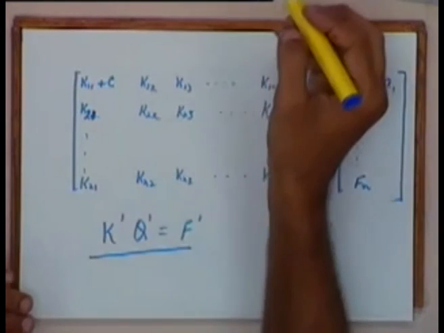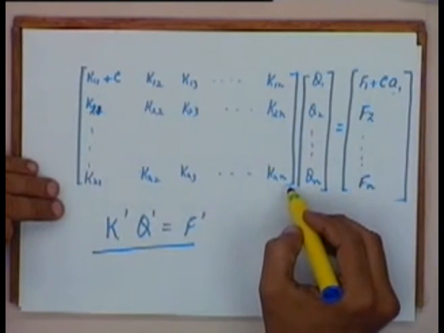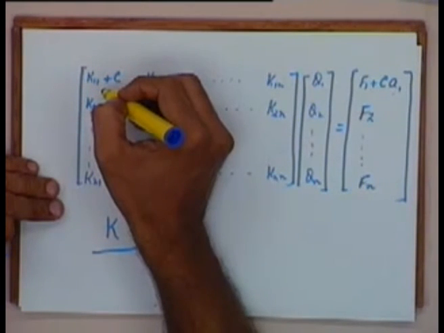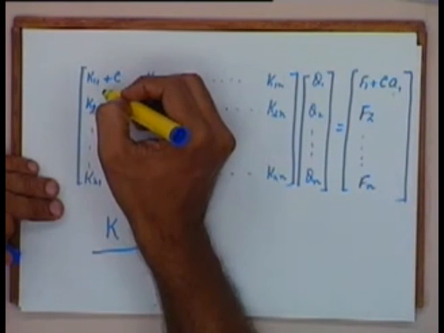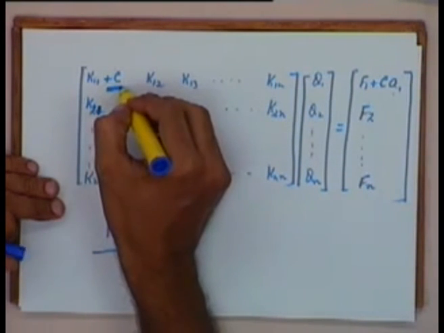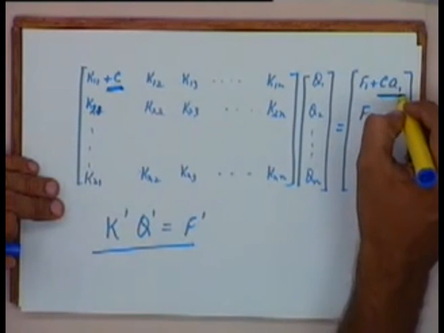So in this penalty approach, what we are doing is we are taking the stiffness matrix, and in the diagonal element for the node which is constrained, we will add a very high stiffness, very high value C, and the corresponding first term we will modify by adding C times A1.